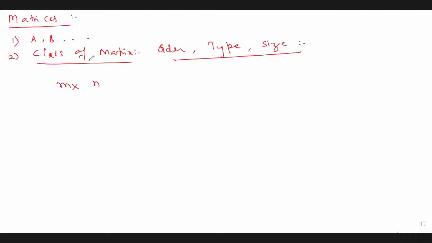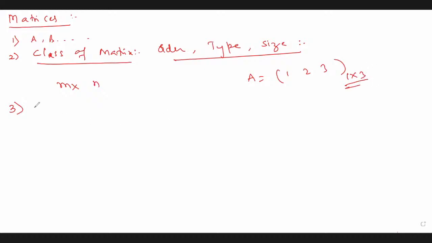Definitely you should represent the rows first and after the columns. For example, A is equal to 1, 2, 3 given to you, then it is of 1 row, 3 columns. So it is of order 1 by 3.